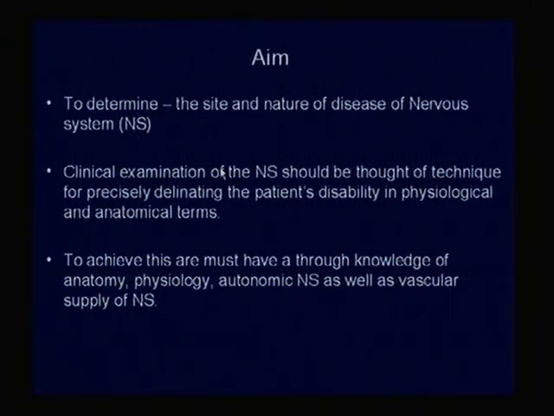Unless you know the anatomy, the physiology, how the various systems, autonomic or otherwise, are working, and what the vascular supply is, which artery and which veins are involved, you cannot make a diagnosis.